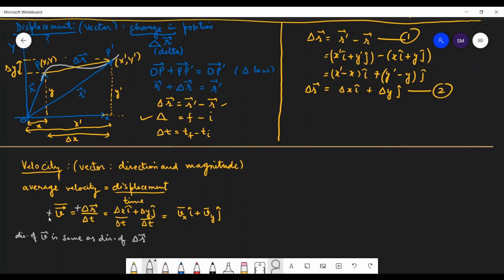It can be any vector, but if they have the same sign, they will be in the same direction. So whatever the direction of delta r, the same will be the direction of the average velocity.